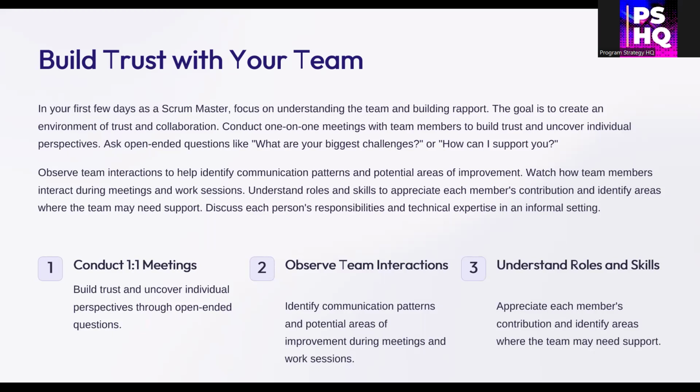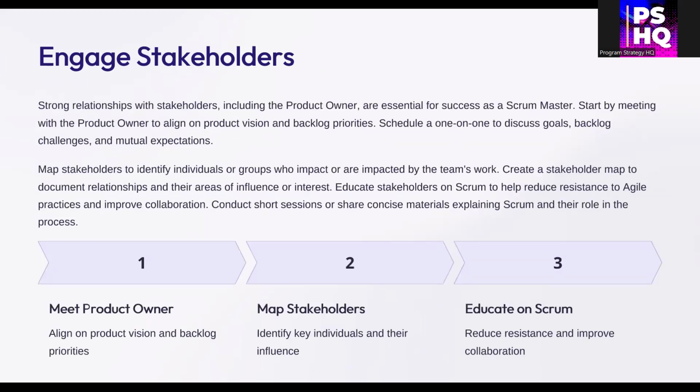Of course, teams don't operate in a bubble. Let's zoom out and talk about the next group of allies, the stakeholders. Stakeholders are like the extended family. Important, opinionated, and sometimes tricky to manage. Your job, build those relationships early. Start with the product owner.